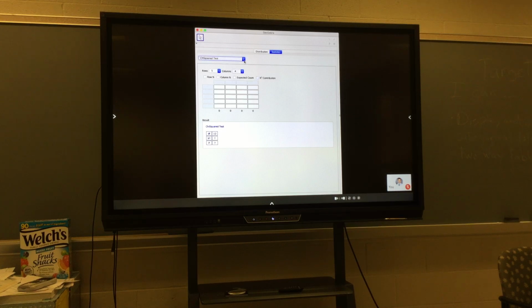Here's our drop-down menu for our other tests that we've done. We've got chi-square at the very bottom. There's that GOF, goodness of fit test, that we'll talk about on Monday. We just want chi-square test.